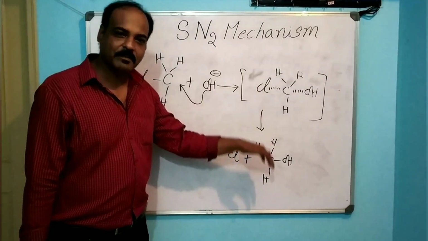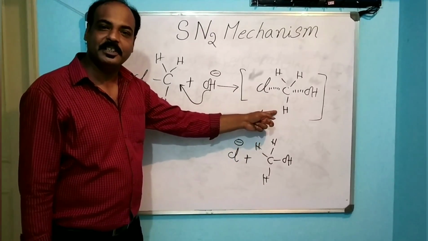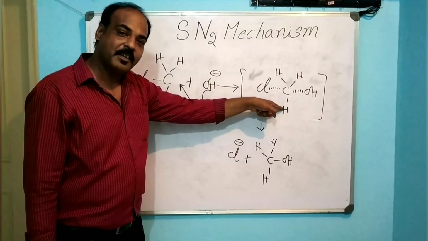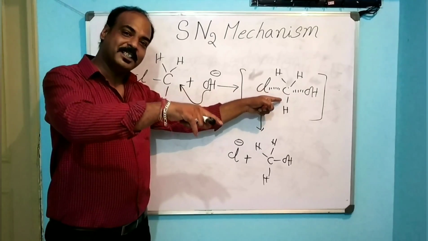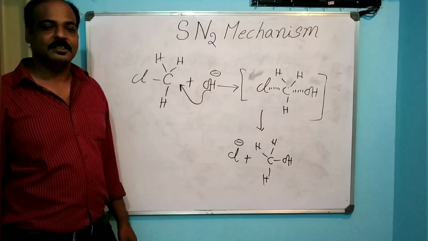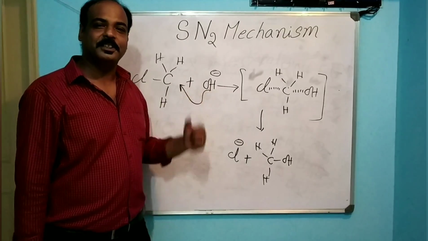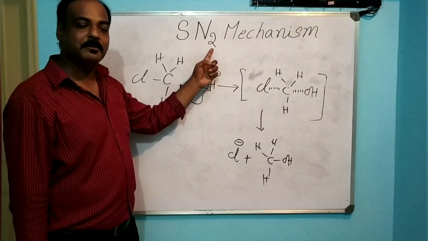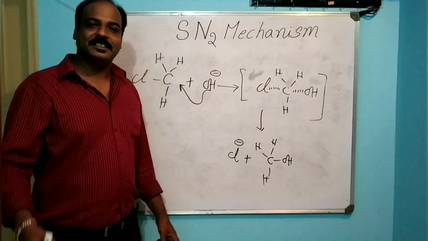In this single step, formation of the intermediate is slow, so the rate depends on the formation of the intermediate. Formation of the intermediate requires two reactants. Therefore, the rate of the reaction will depend on both the reactants. Therefore, it is considered as a bimolecular nucleophilic substitution reaction.